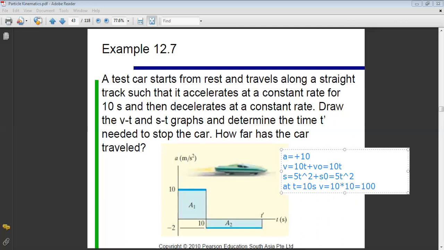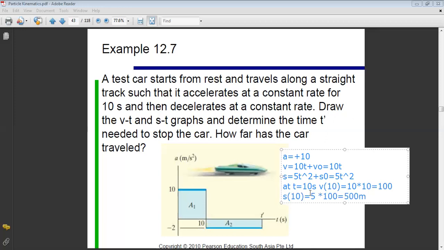For position, s is equal to 5 times 10 squared, which is 5 times 100 equals 500 meters. So these are the conditions at 10: v at 10 and s at 10. So now I am able to draw the graphs for the first phase.